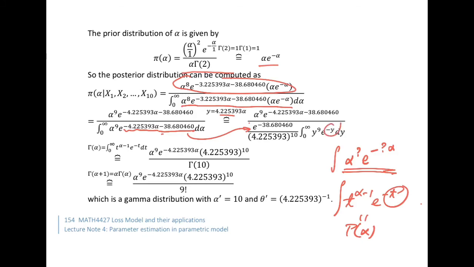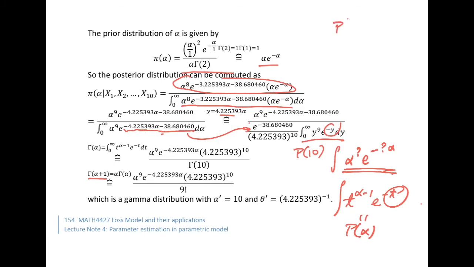Once you have that, you can see this integral is just the gamma function, which is gamma 10. So we have evaluated this integral successfully already. Now to evaluate this gamma function, remember gamma of alpha plus 1 equals alpha times gamma of alpha.